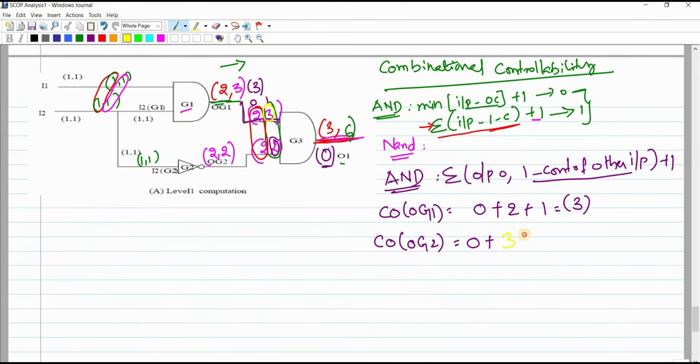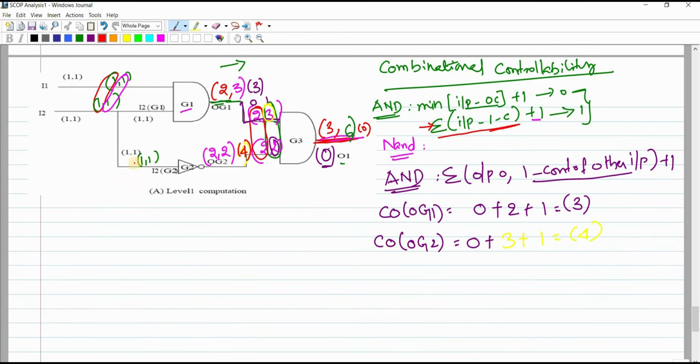Okay, 3 plus 1. That means 4. Here we can get 4. 4 is the combinational observability. Okay, fine. Here we can get 0. At this point we can get 3. So at this point combinational observability is 4.